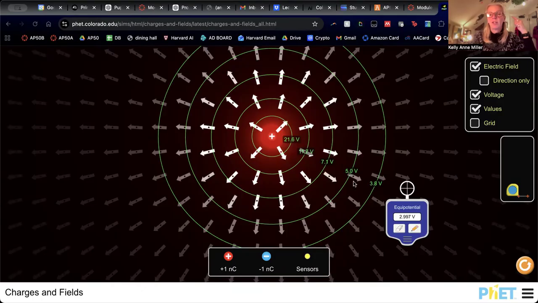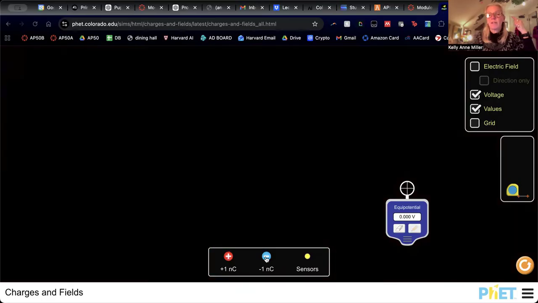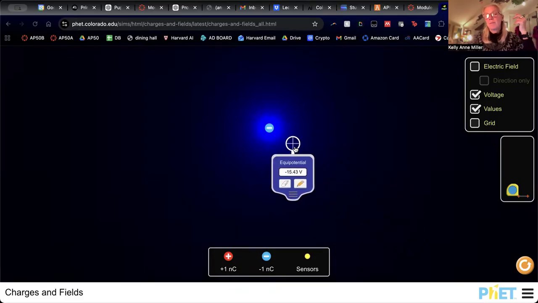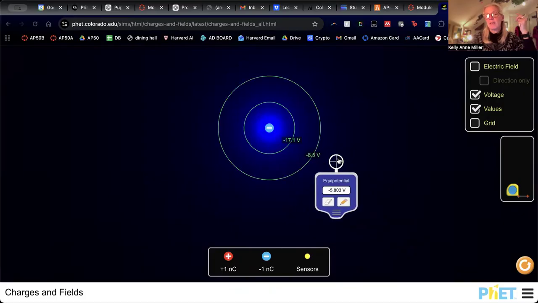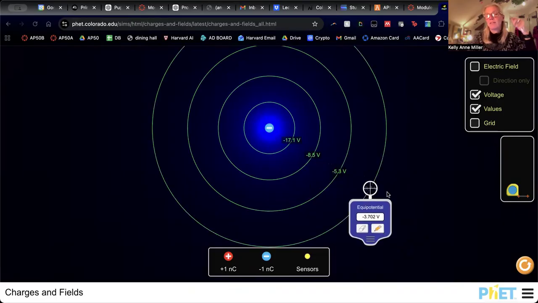So here you can see that the electric field lines point from areas of high potential to areas of low potential. Let's see what happens if I put a negative charge there. It's going to be the exact same thing, but opposite, right? So if I put an equipotential line here, that's going to be negative 17, negative 8, negative 5. I'm trying to space them relatively evenly.